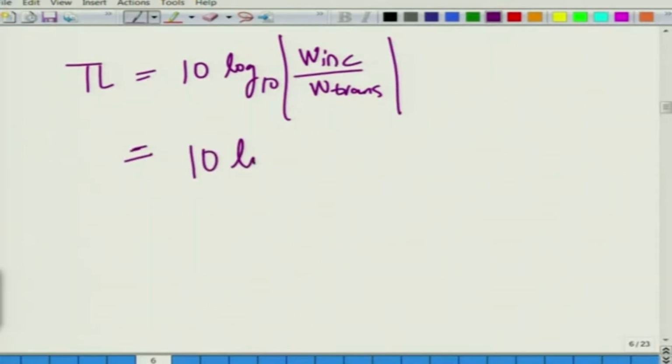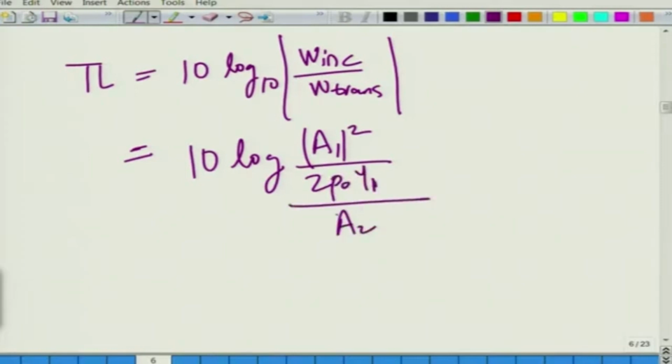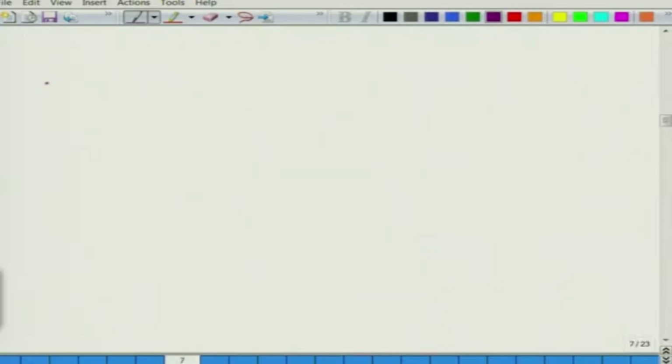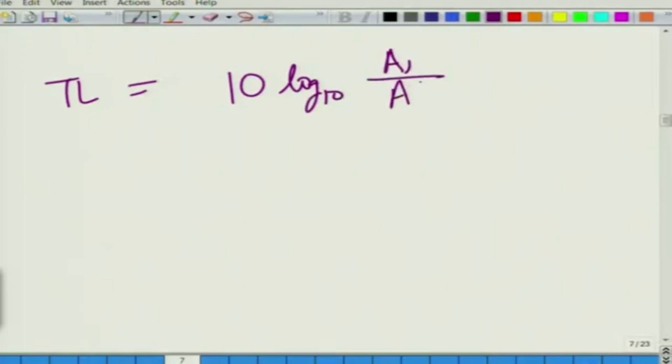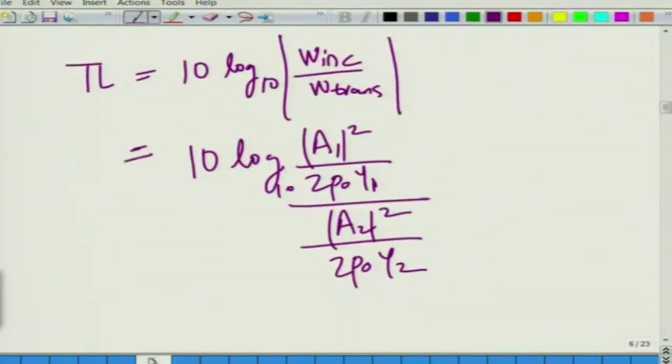So, this can be very nicely written as mod A1 squared by 2 rho naught Y1 over mod A2 squared by 2 rho naught Y2. So, what it means is 10 times log 10 of mod A1 by A2 mod squared times Y1 by Y2.